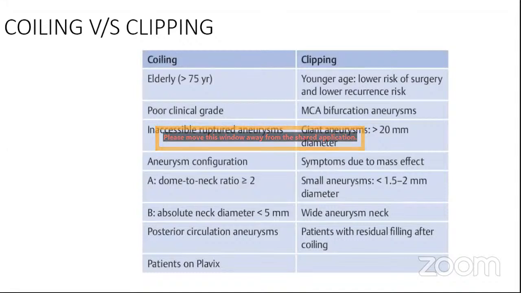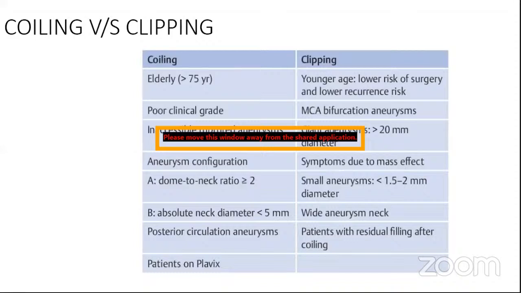We do coiling if the patient is elderly, over 75 years old, has a poor clinical grade or an inaccessible ruptured aneurysm, a dome to neck ratio greater than or equal to 2, or an absolute neck diameter less than 5 millimeters. In these patients we'll go for coiling, and these are most commonly done in posterior circulation aneurysms.